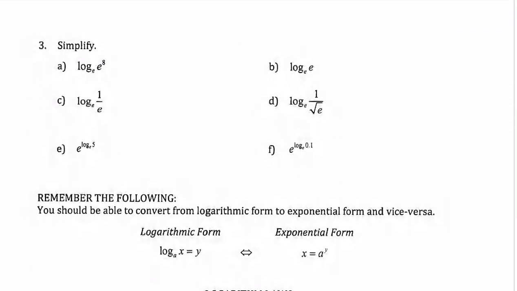Question 3, simplifying with some of our log rules that we learnt. Hopefully we remember. We've used some of them already. Log base e of e to the 8. There is a shortcut if you remember it. Does anyone remember it?